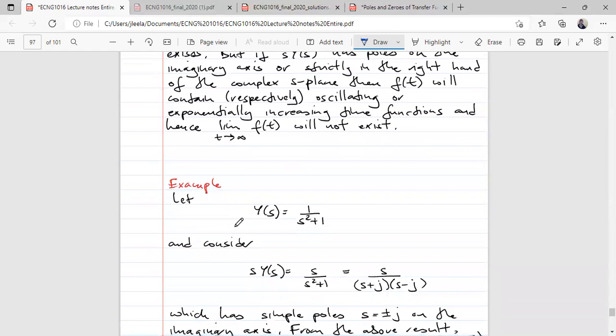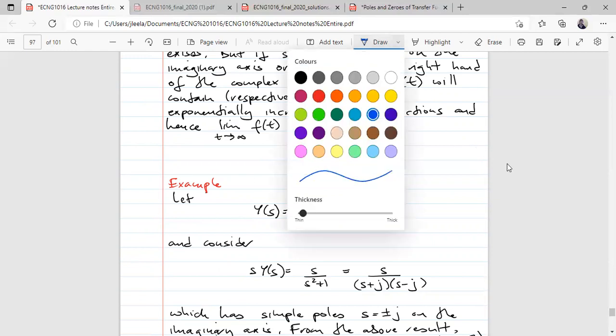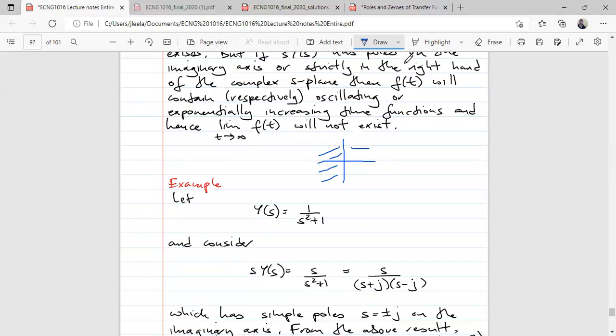So if I draw a little diagram here, this is the left half plane, and this here is the right half plane.